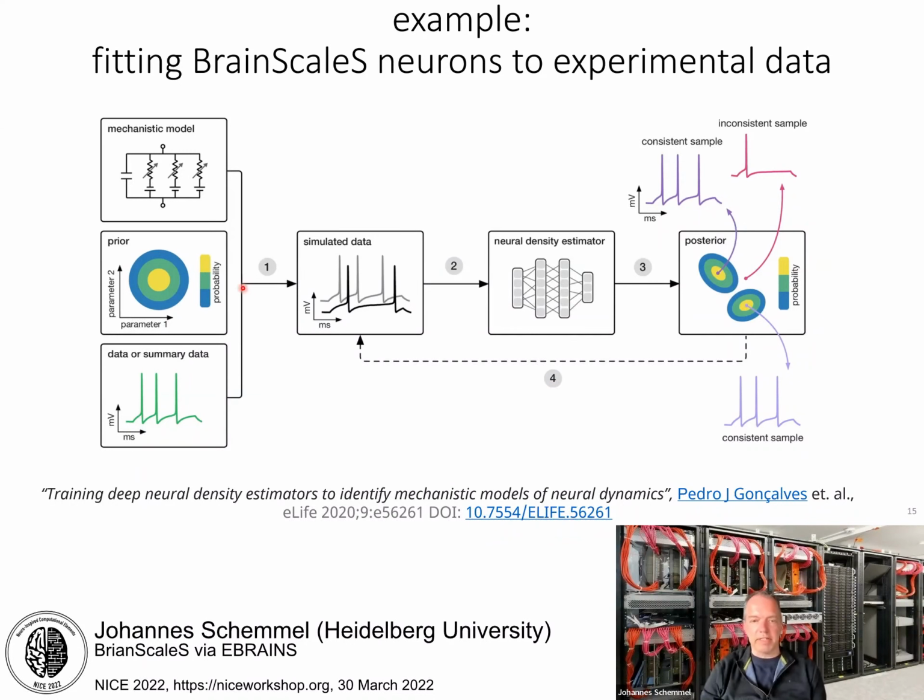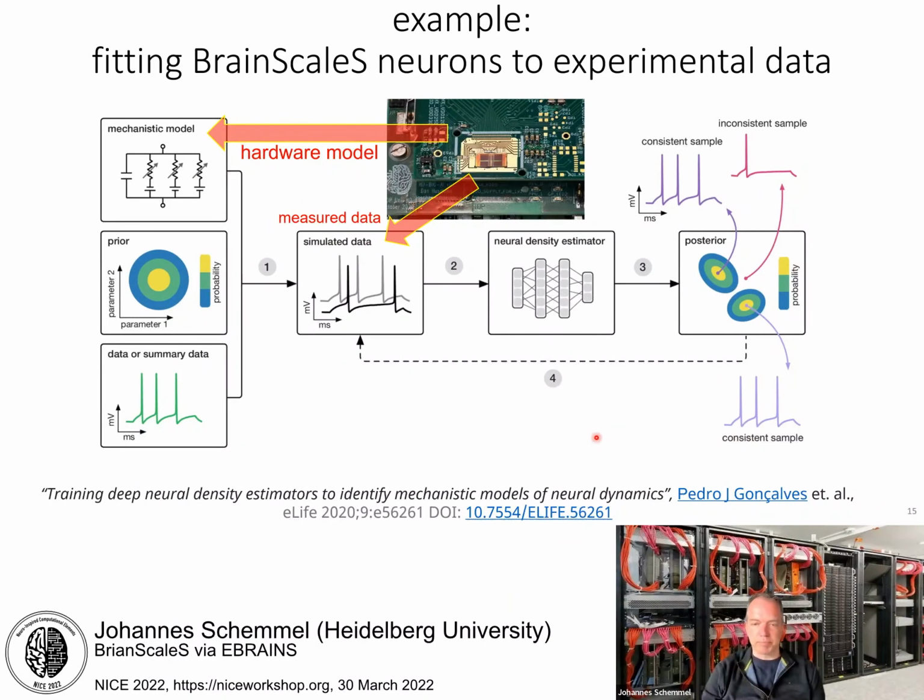And the interesting thing here is that the mechanistic model and the simulated data can be replaced easily by the hardware model and the measured data from the hardware system. So you get as a posterior distribution the probability that some parameters you load on the hardware will make the hardware emulate your data from your experiments in the best possible way.